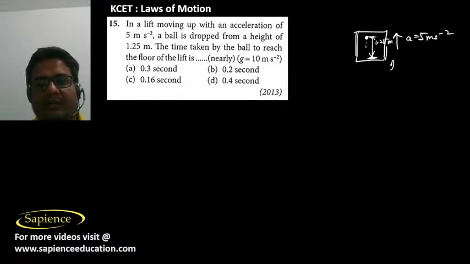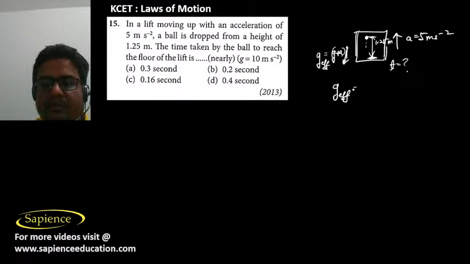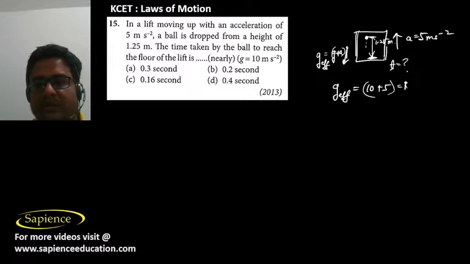Since the lift is going upwards with an acceleration a, the g effective, which is acting vertically downwards, will be equal to g plus a. So g effective will be equal to 10 plus 5, that is equal to 15 meter per second square.